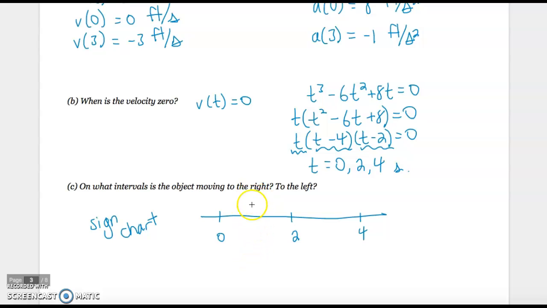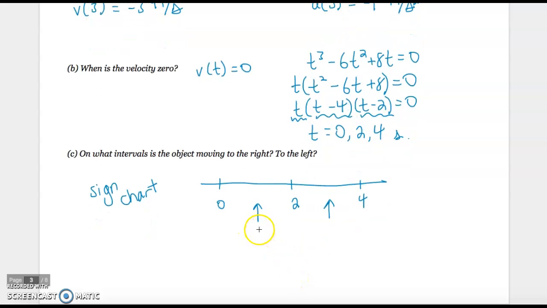And so what we can do to figure that out is test numbers that are in this interval in your velocity function. So if I have the number 1, for example, I can find v of 1, and I can figure out whether that's positive or negative. If I have 3 that's in that interval, I can figure out whether that's positive or negative, and then if I pick, for example, 5, I could figure out whether that's positive or negative.